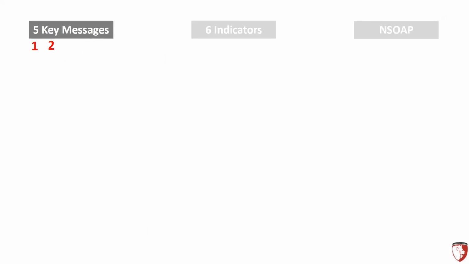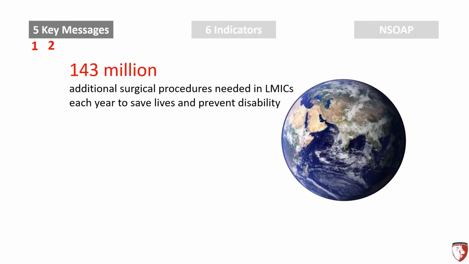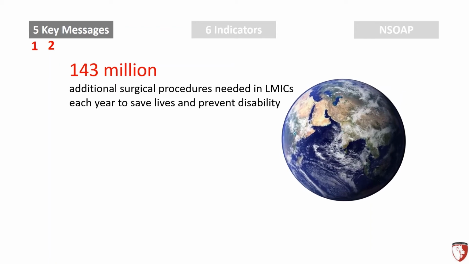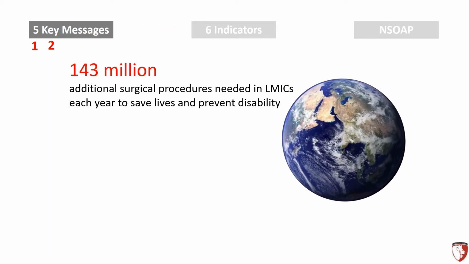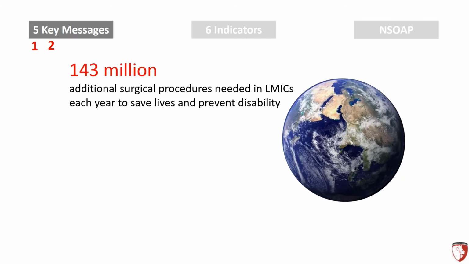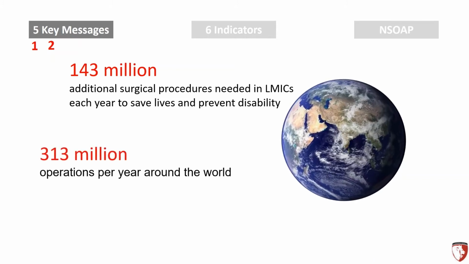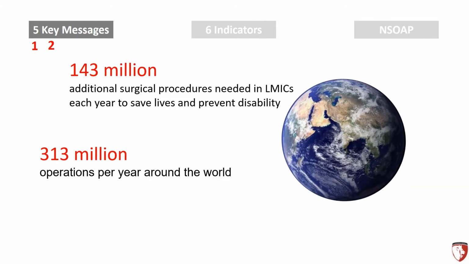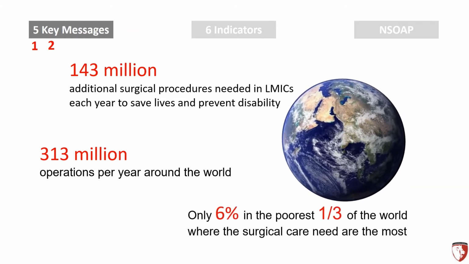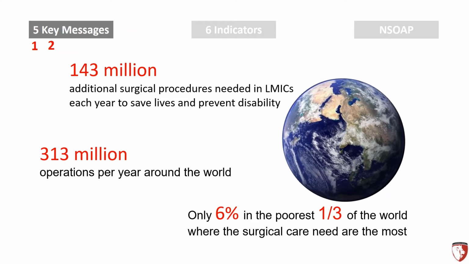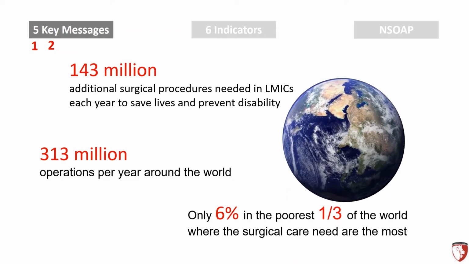Key message 2. 143 million additional surgical procedures are needed in low and middle-income countries each year to save lives and prevent disability. Of the 313 million procedures undertaken worldwide each year, only 6% occur in the poorest countries, where over a third of the world's population lives.